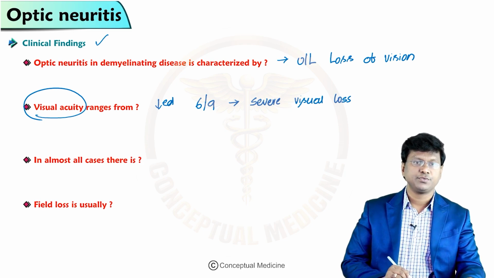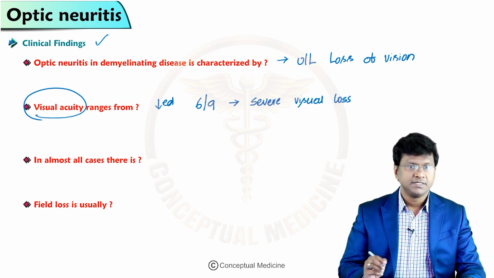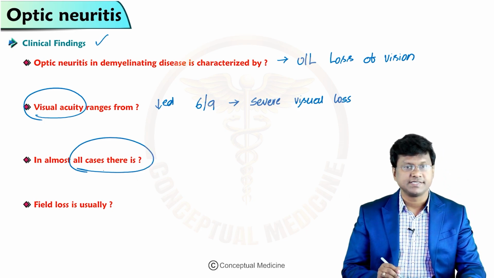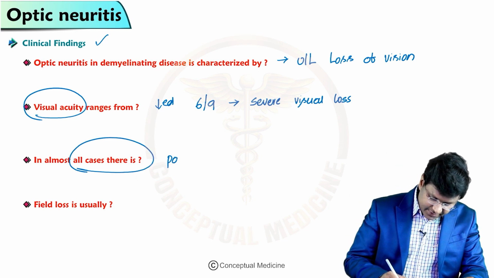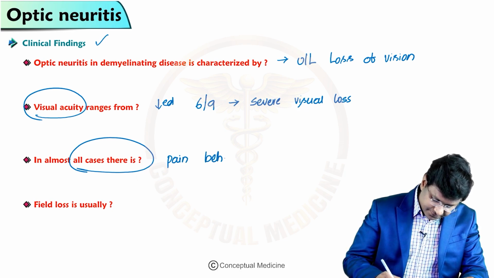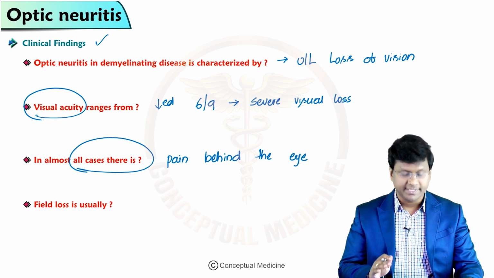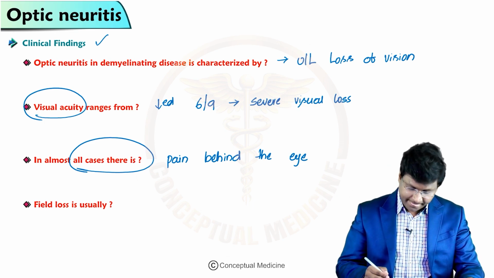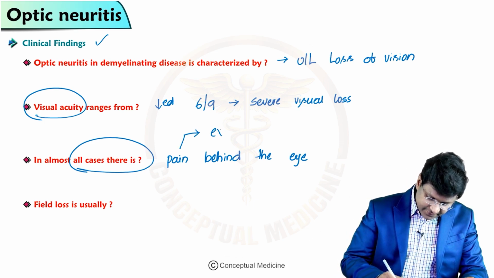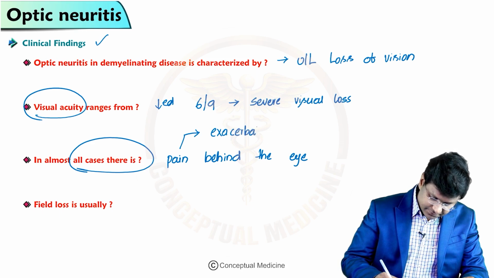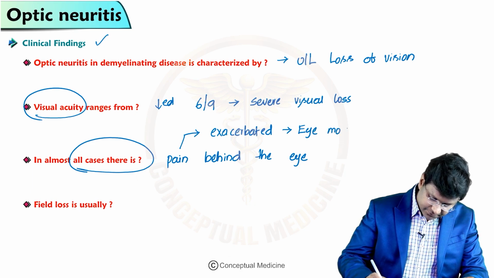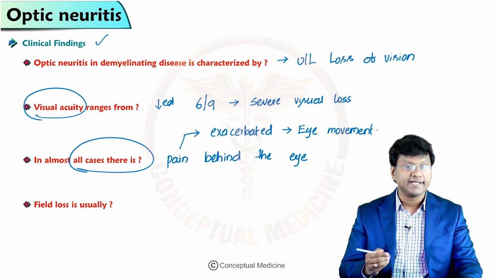This can progress to a scenario where there is severe visual loss, and in almost all cases there is pain behind the eye, and this pain behind the eye is exacerbated by eye movement.